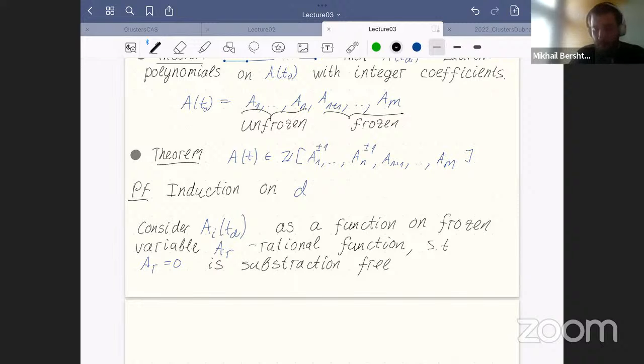What we will choose is the function of ar.